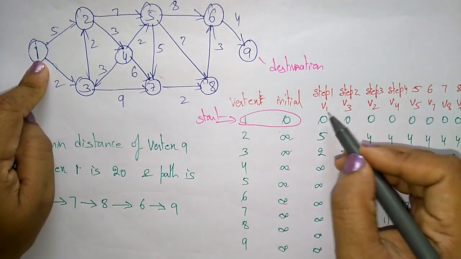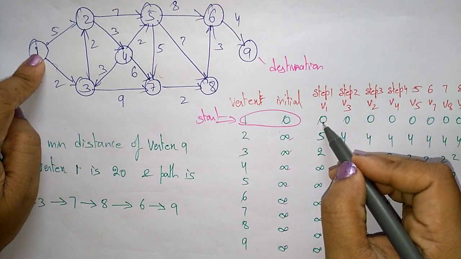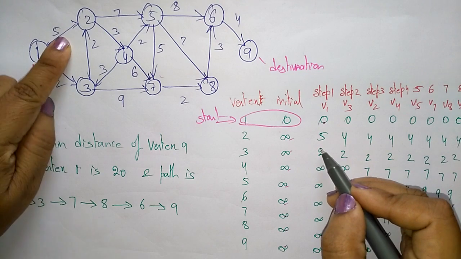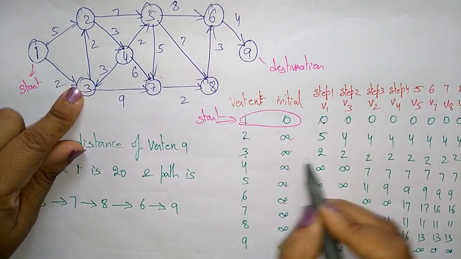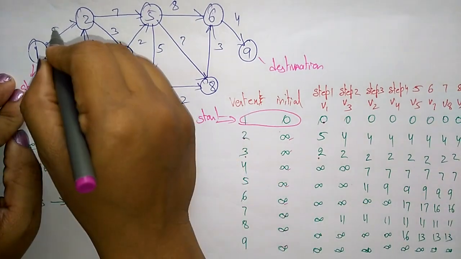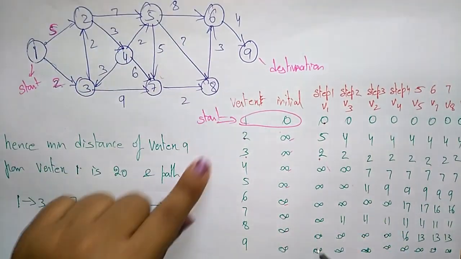Step 1, from vertex v1: initially it is marked 0. The edge taken to reach vertex 2 is 5, and to reach vertex 3 the edge taken is 2. The remaining are all marked infinity.